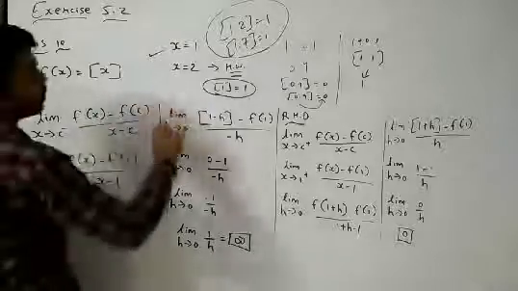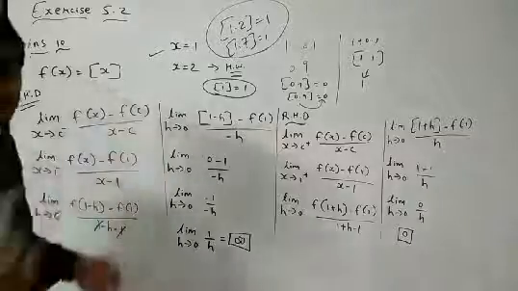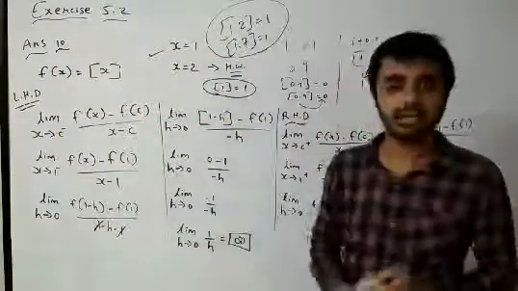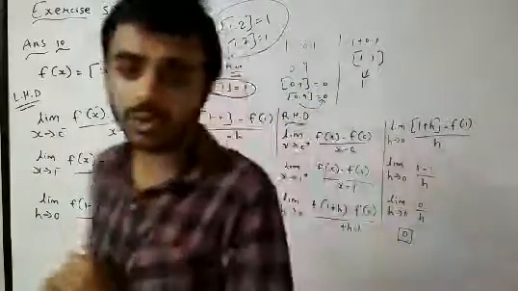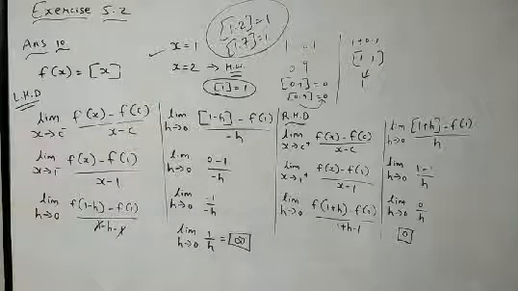Then for x is equal to 2 you try it on your own, you will get left hand derivative not equal to right hand derivative, so our required answer is that this function is not differentiable at x is equal to 2. Everyone just write it down in your notebook.